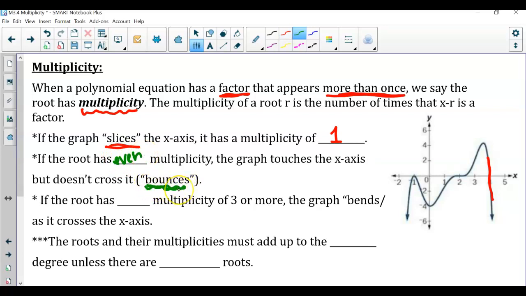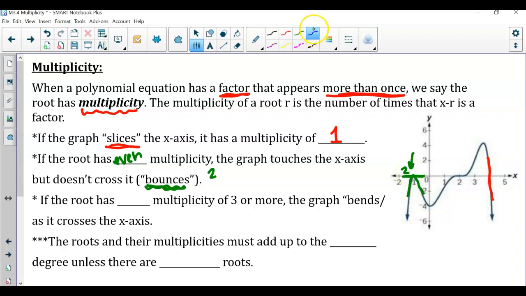It's not going to cross through; it's going to bounce off. It could be 2, for example. Look at -1. Notice how it's going up and then bounces right off the x-axis at -1. This example has a multiplicity of 2.